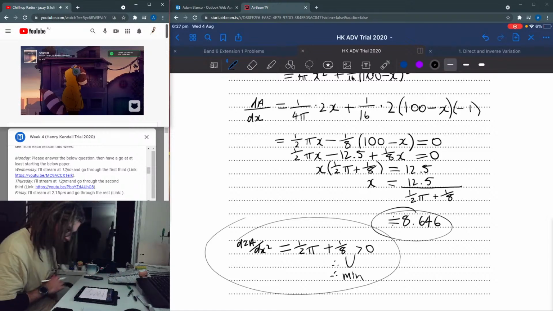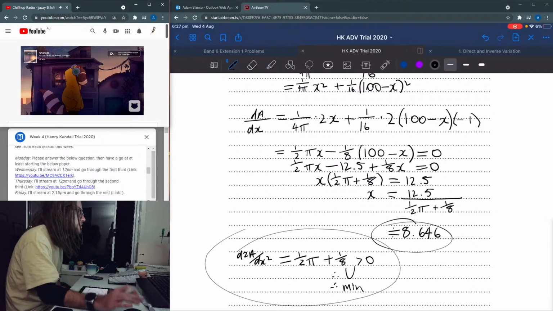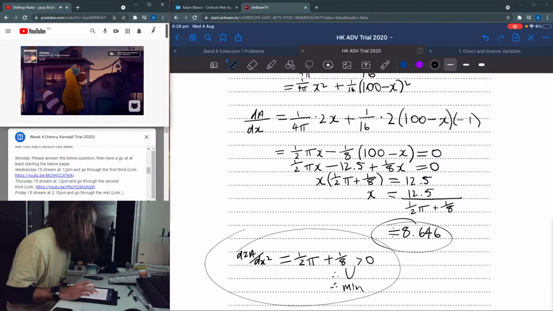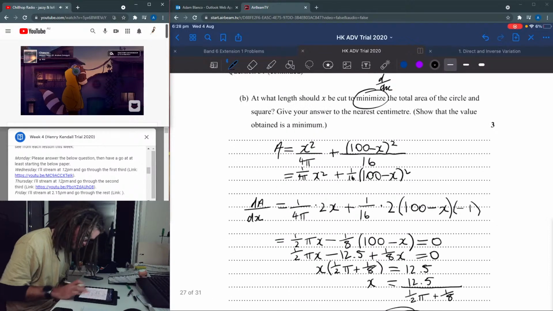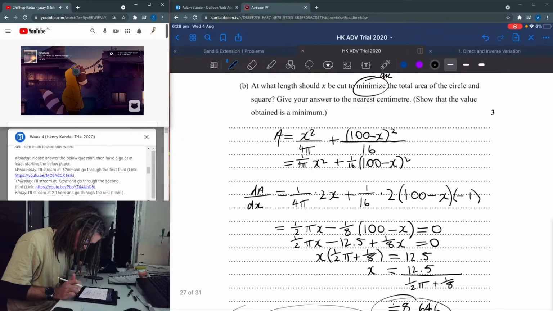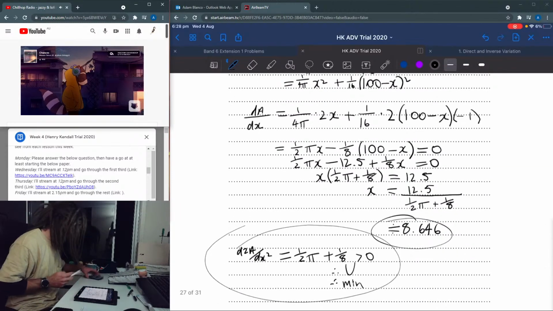No! Mistake! Mistake, mistake, mistake. My first derivative's wrong, I believe. I swear if that's a minus now. Damn it.